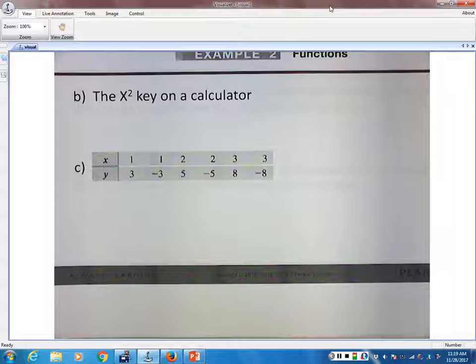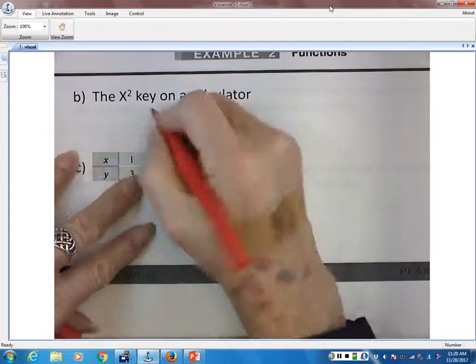And if you put in -3, you're still going to get 9 every time. Does it matter that 3 and -3 go to the same place? No, because they're different domain values. They're allowed to travel to the same place. But 3 can't go to 9 and -9. It has to only go to one place. So yes, this is a function.